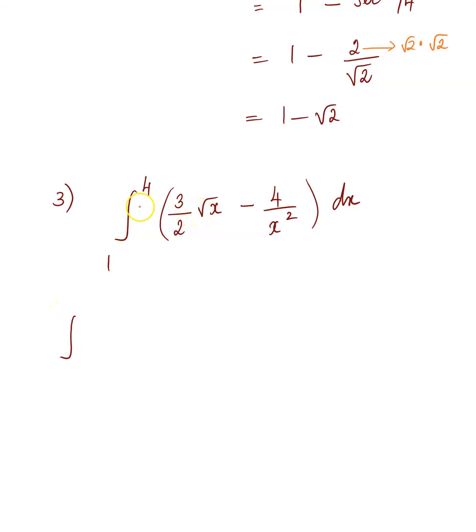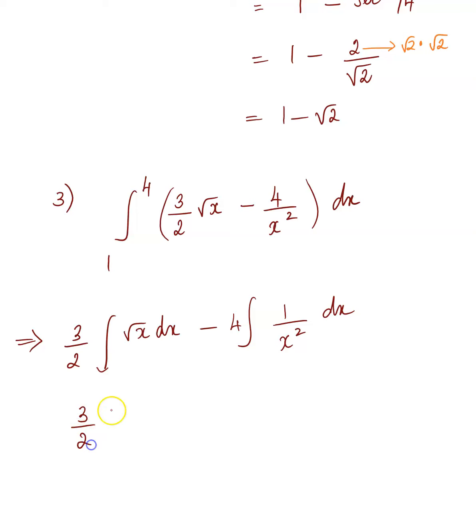Forget about the 1 to 4 for the moment. I can split it up like this, isn't it? You can even keep the 4 outside and do 1 over x squared dx. So I could have done that here too. I'll pull out the 3 over 2 and just have the integral of root x.